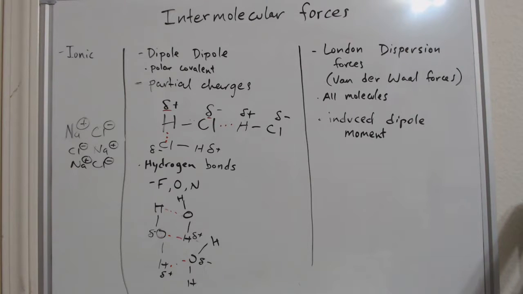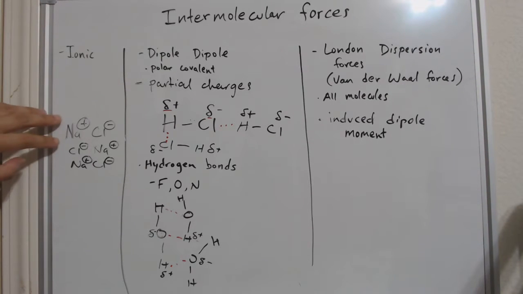It consists of ions, and in your salt shaker you have a bunch of little salt crystals. Those salt crystals are made up of more than one sodium and chloride atom. So the way they stay together is through ionic forces.